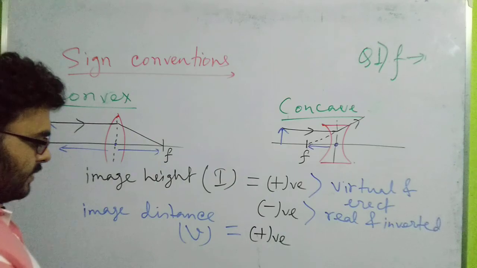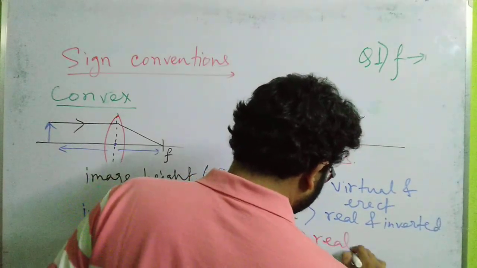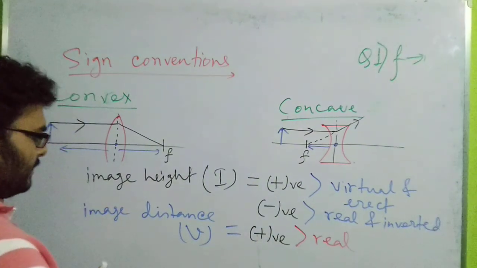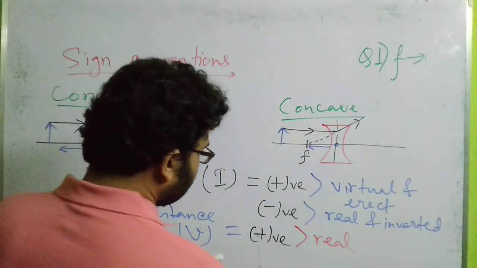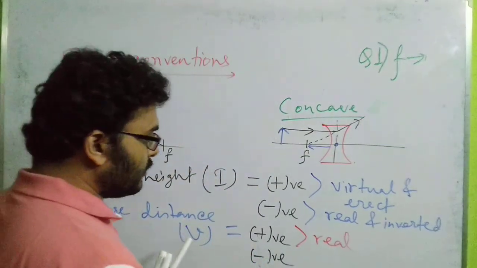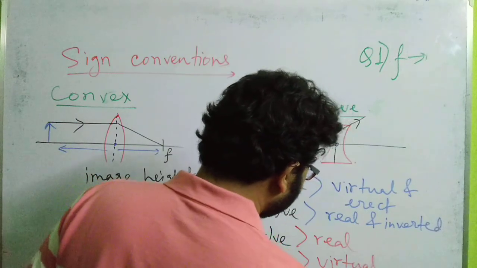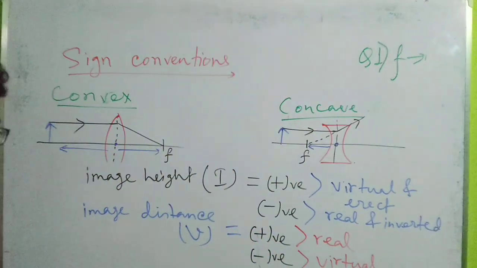Real image. So it is positive for real image. And the image distance is taken to be negative if I consider it to be a virtual image, because virtual images are always found on the left side of the lens.